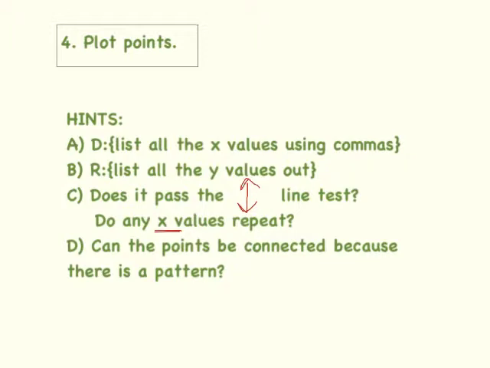And on D, it asks if it's continuous or discrete. I wanted to wait on that vocab word until today, so I'm going to give you some hints on it before we do it this afternoon. Basically, continuous or discrete: I want you to answer the question, can the points be connected because there's a pattern? If the points can be connected, then we would call that continuous.